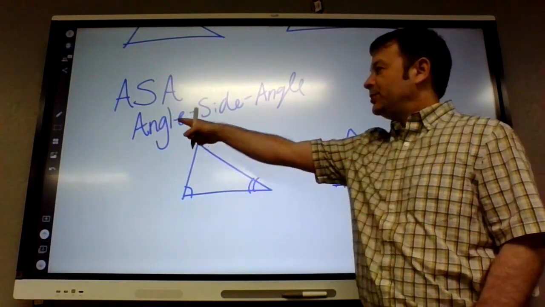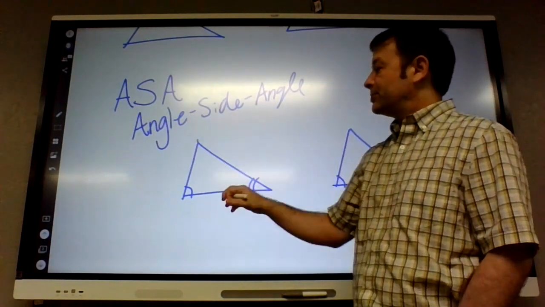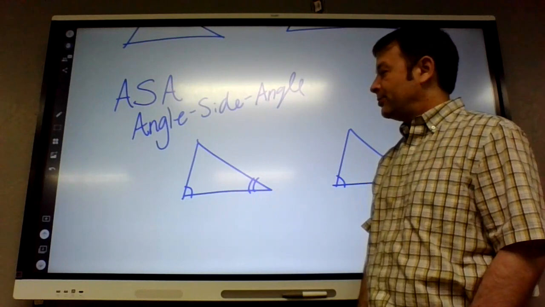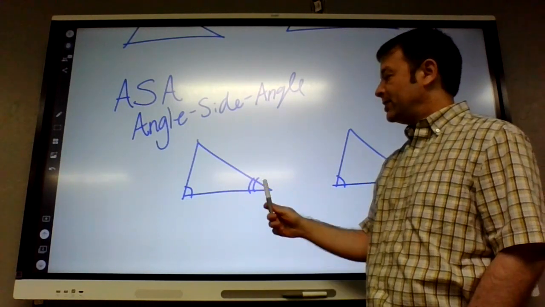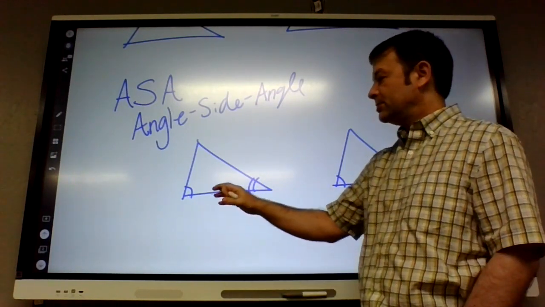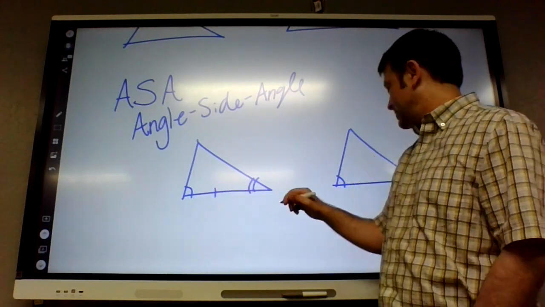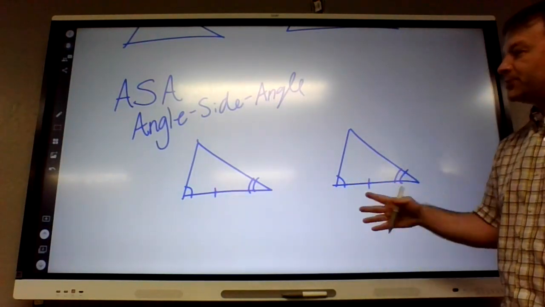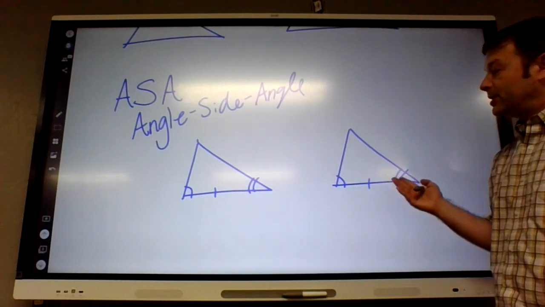It has to be between the two angles. Can you guys tell which side would be between these two angles? The bottom one. That's what angle side angle might look like.